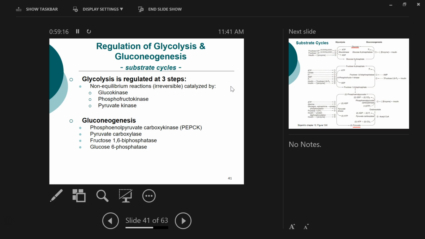So in gluconeogenesis, you need another enzyme to catalyze the irreversible reaction.